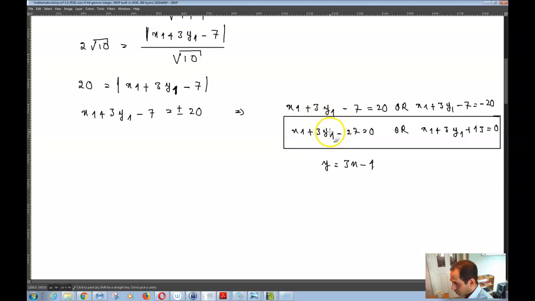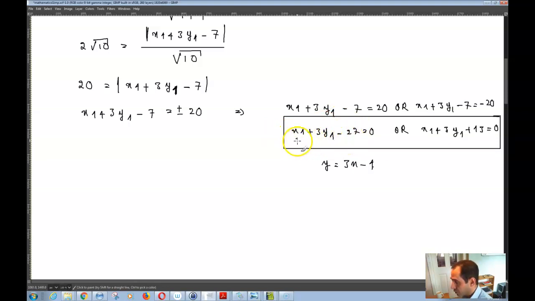this point has to satisfy the relationship between them. For example, let me show you what I mean.